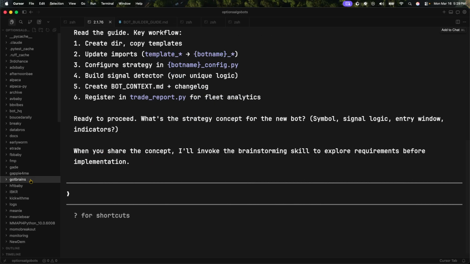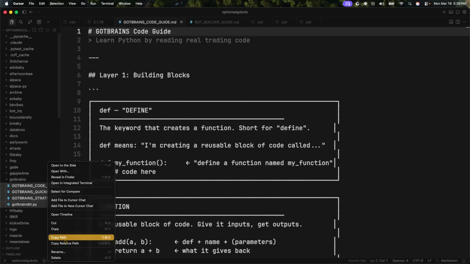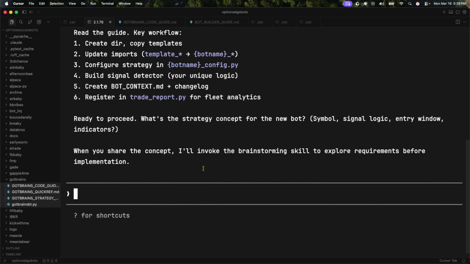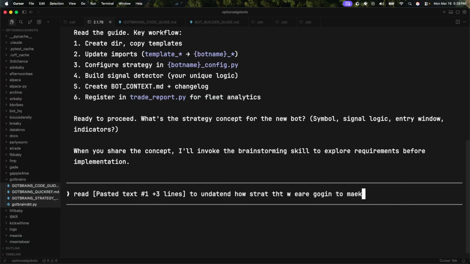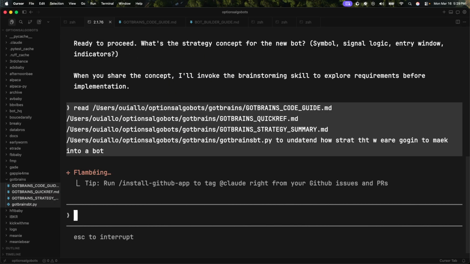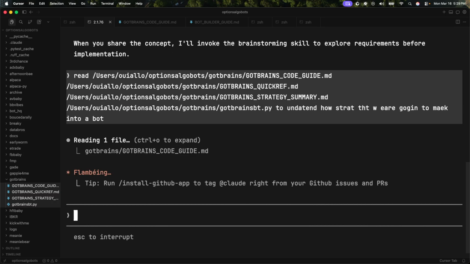New bot concept. I love that, bruv. Read to understand the strat that we are going to make into a bot. What Claude Code is doing right now is gaining context, building context.